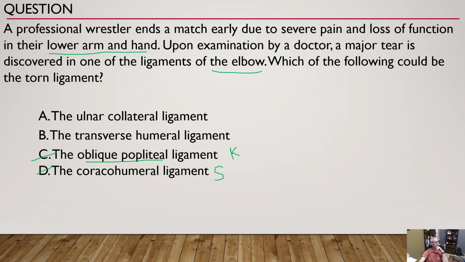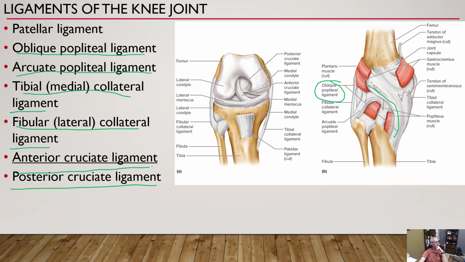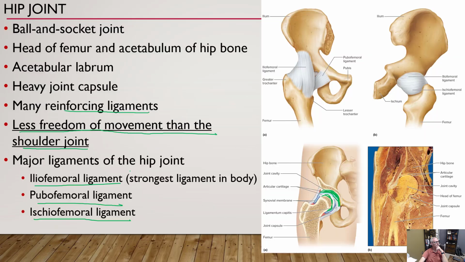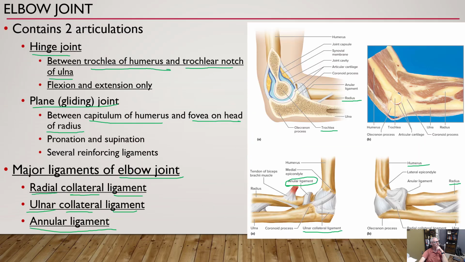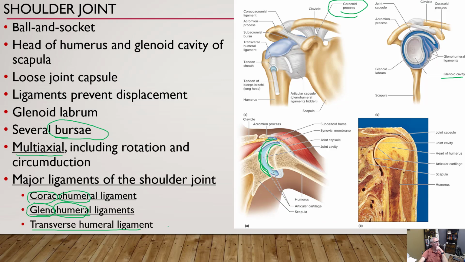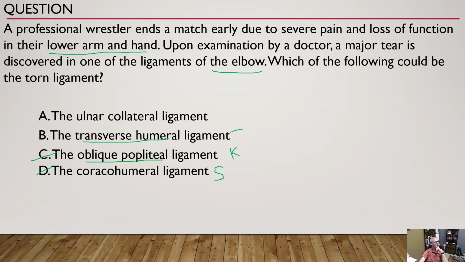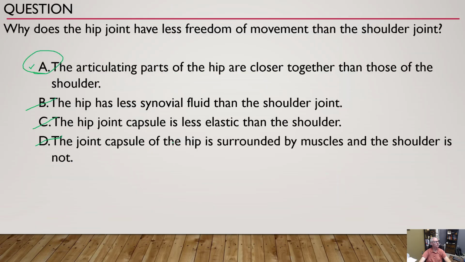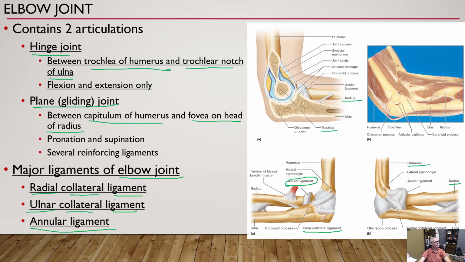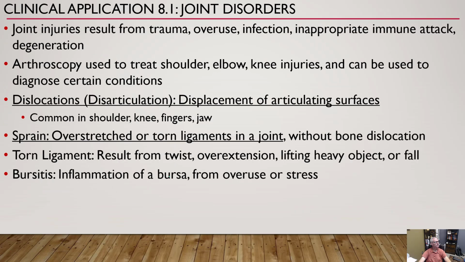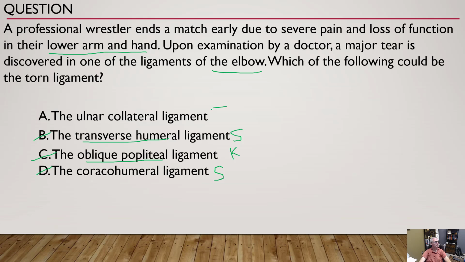This one's in the shoulder. Transverse humeral ligament is in the shoulder. So we're going to throw out that one. Ulnar collateral ligament is in the elbow. So we're going to go with A as our answer.